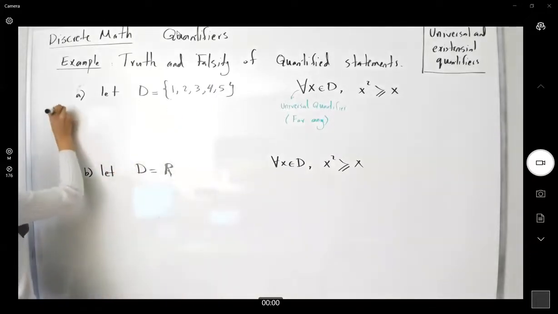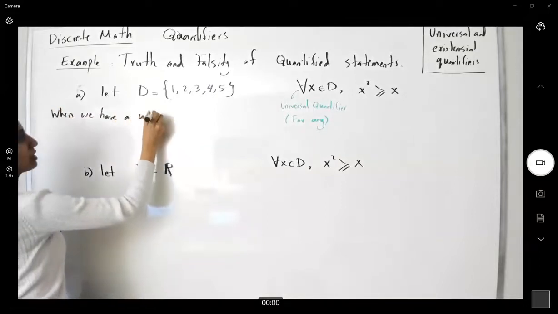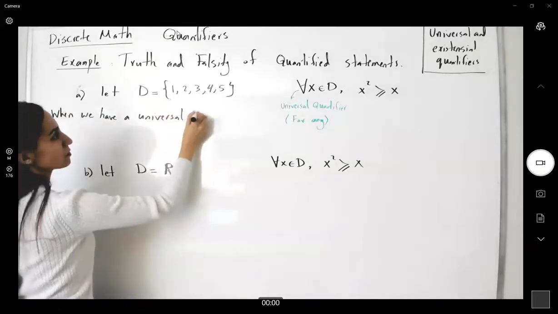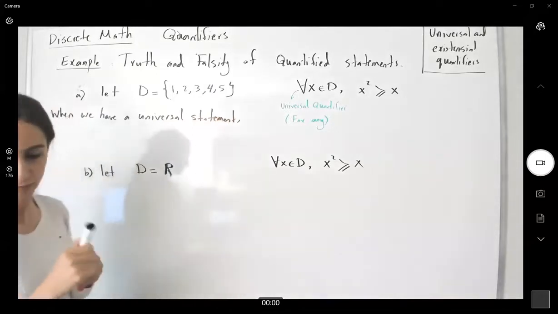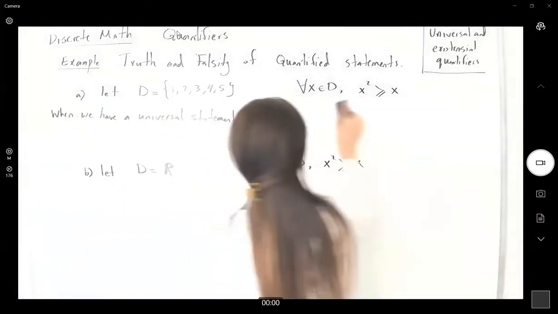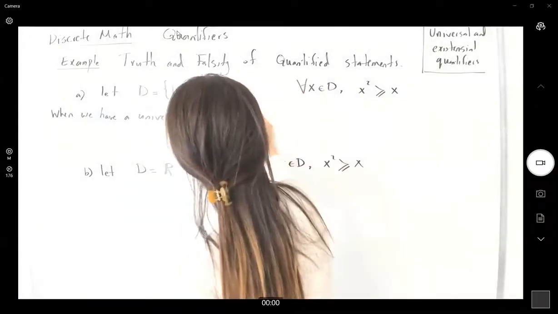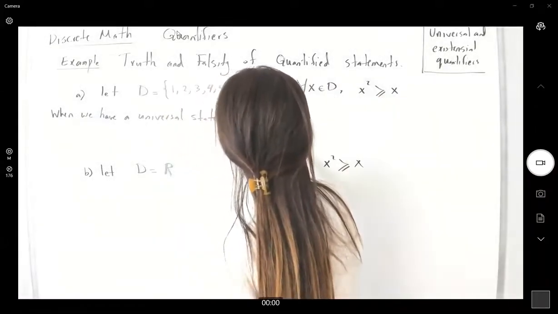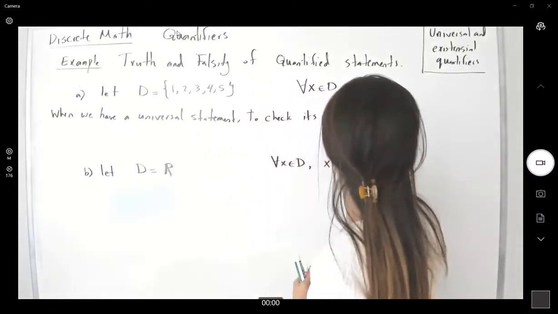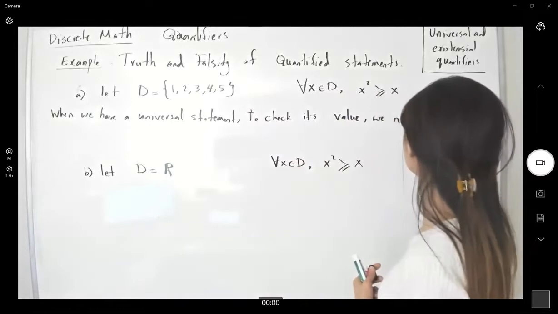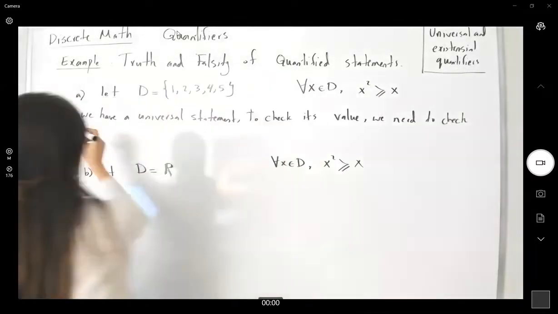When you have a universal statement, to check its value, we need to check every member in the domain.